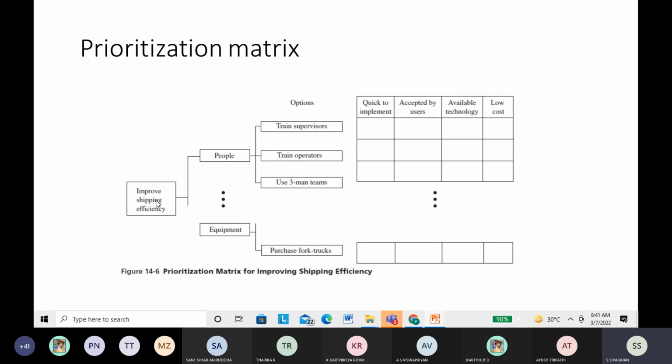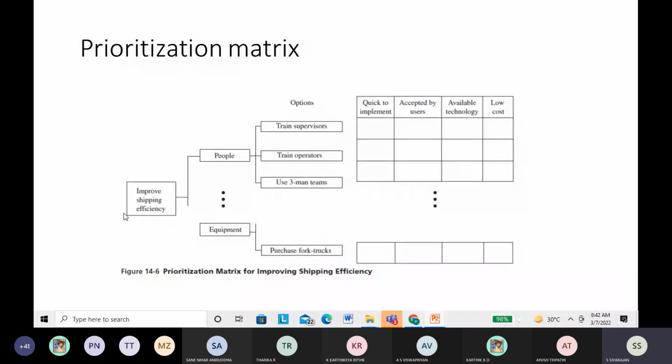There are many causes, but for academic purposes we have taken two important causes: one is people, the second is equipment, as discussed previously. We have to train the supervisor, train the operators, use three-man teams. And if it is equipment, we have to purchase new trucks. Out of these options, we have four criteria, so all four are there.